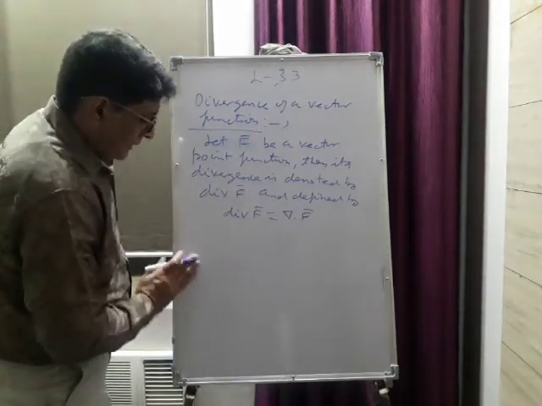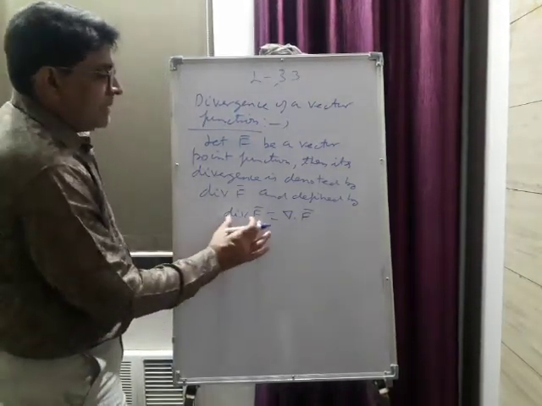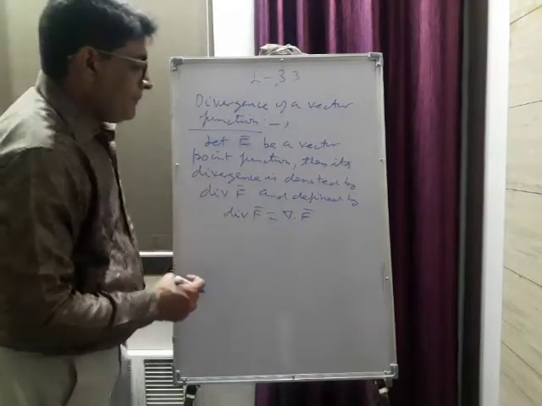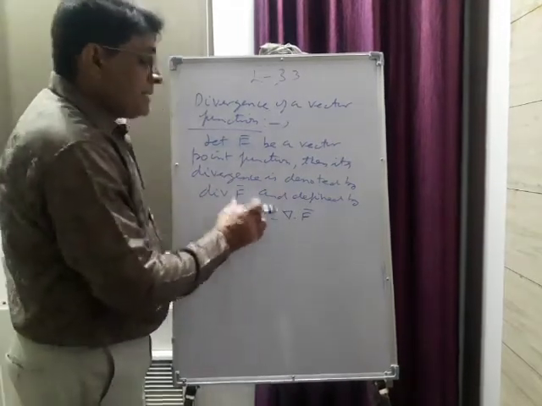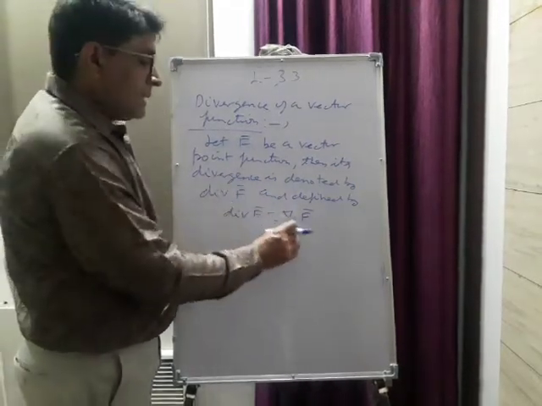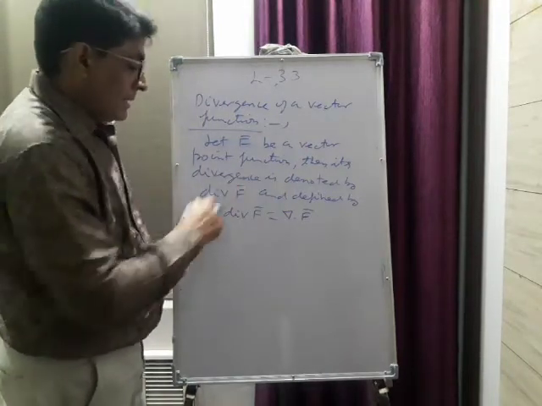So this is the definition of divergence of f. Divergence f is a scalar quantity.